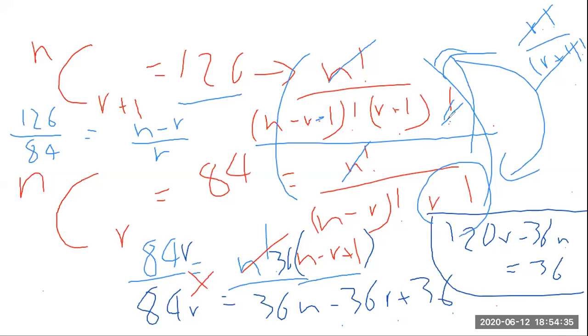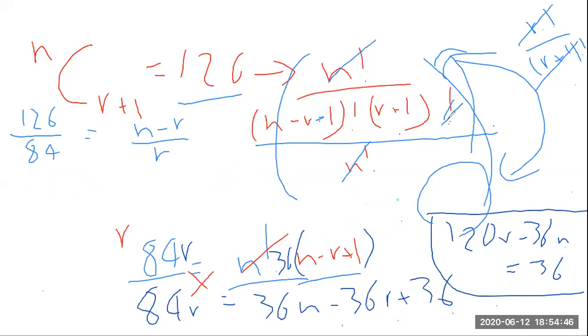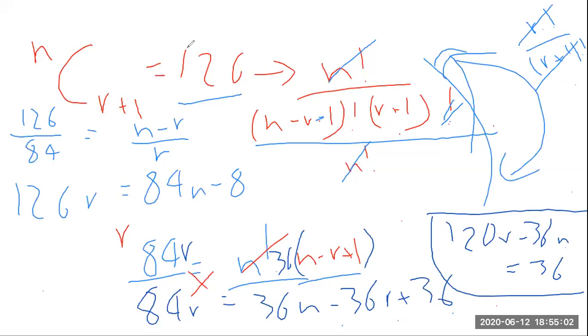Then I'm going to rub the middle part now. So 126r equals 84n minus 84 120.